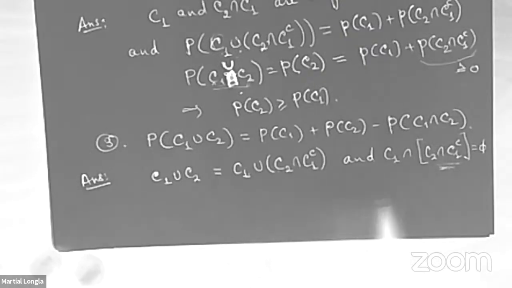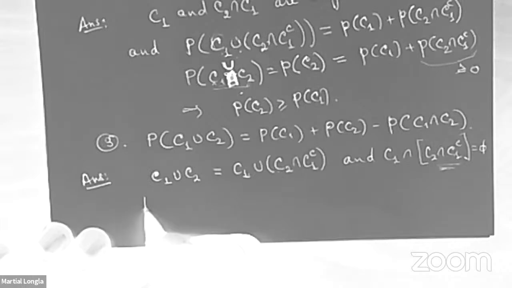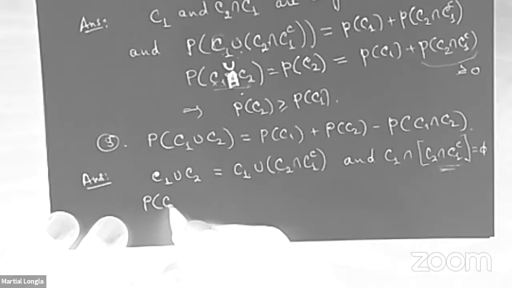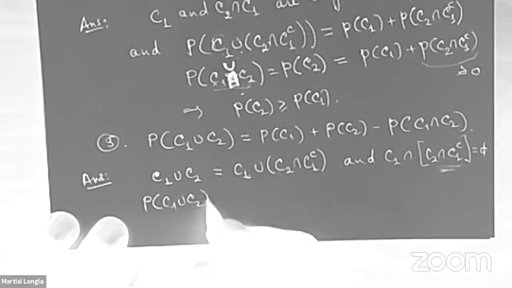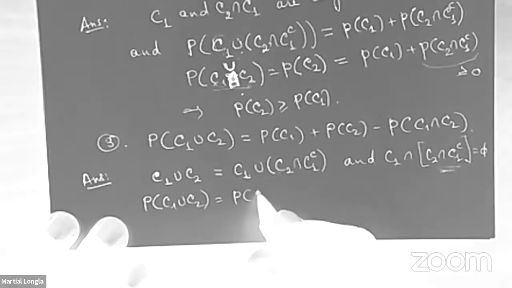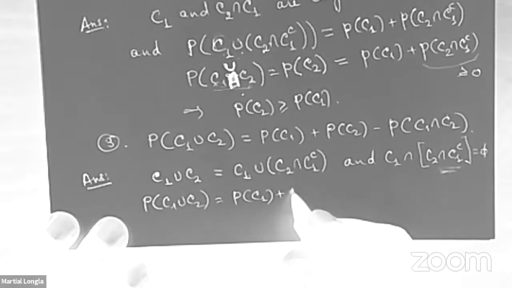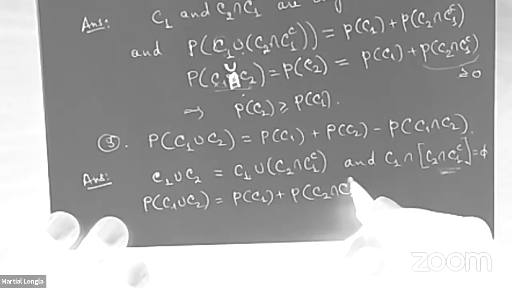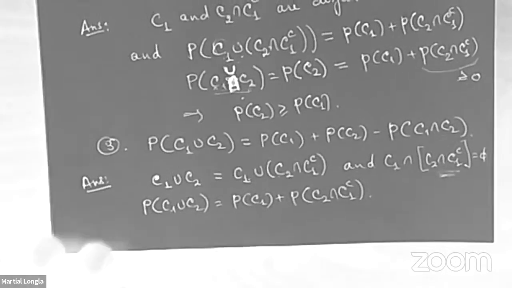So we can apply the rule that the probability of the union of the two sets is the sum. So we have one piece. Two are missing. We are still missing P of C2 and the intersection.